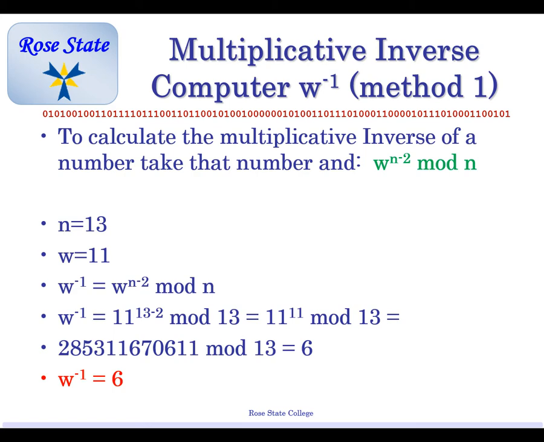So w is 11, and w to the n minus 2, n is 13, so n minus 2 becomes 11, so it's 11 to the 11th mod 13. 11 to the 11th is that big number, mod 13, and you get 6. So the multiplicative inverse of this is 6.